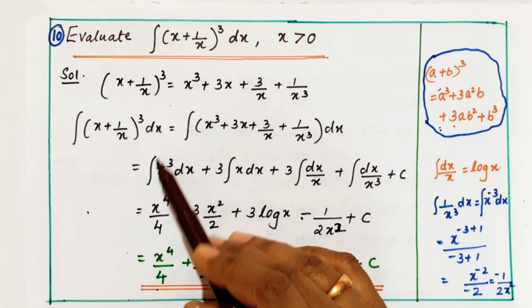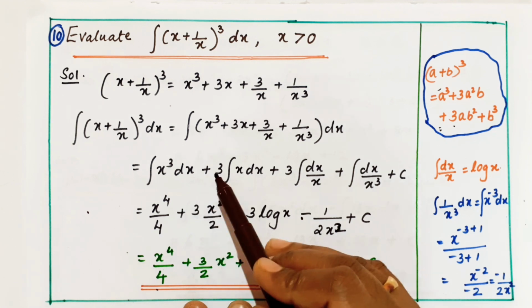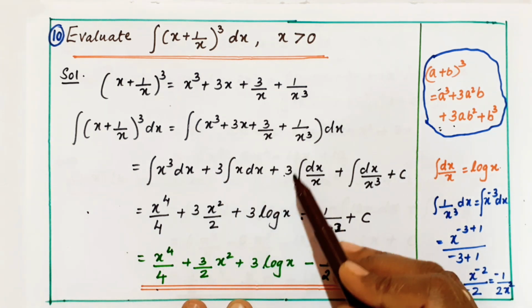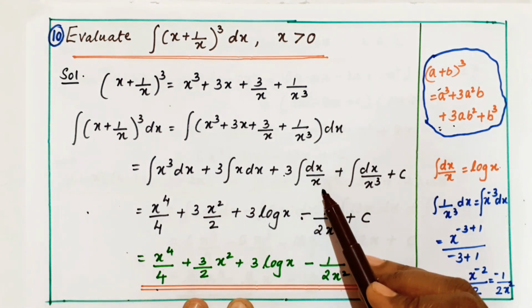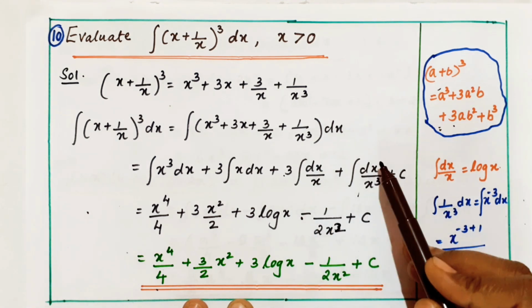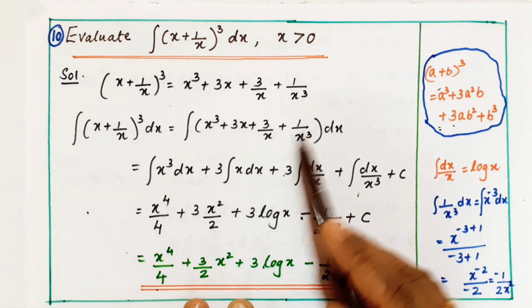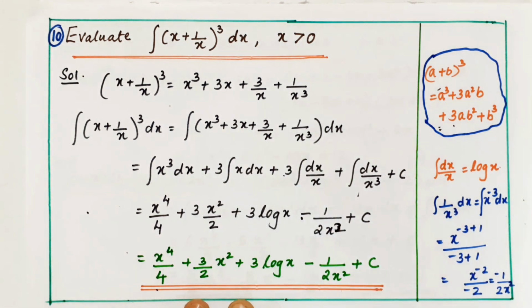That is, the integral of x cube dx plus 3 into the integral of x dx plus 3 into the integral of dx by x plus the integral of dx by x cube plus c. So I split it into four terms. Now we integrate each term.